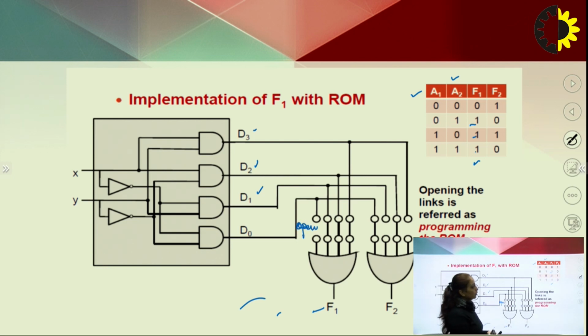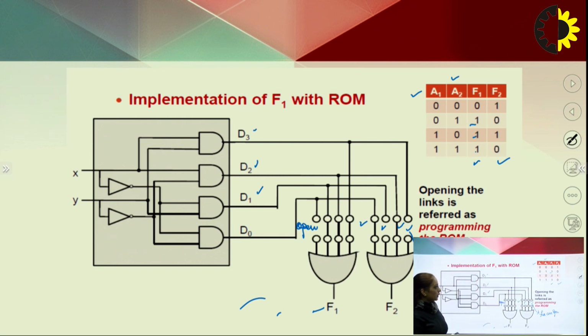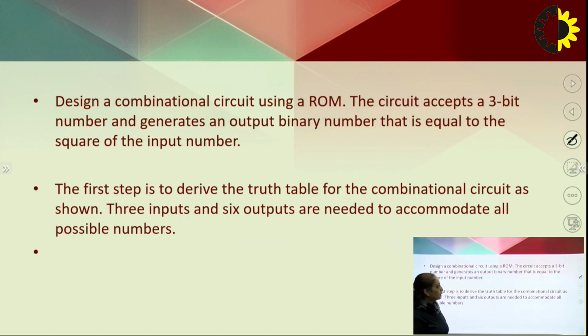And similarly for F2, the 1st and 3rd lines are connected, the rest 2 lines are open. So these fuses are open. Okay. So this way we can also make the representation and analyze any function.